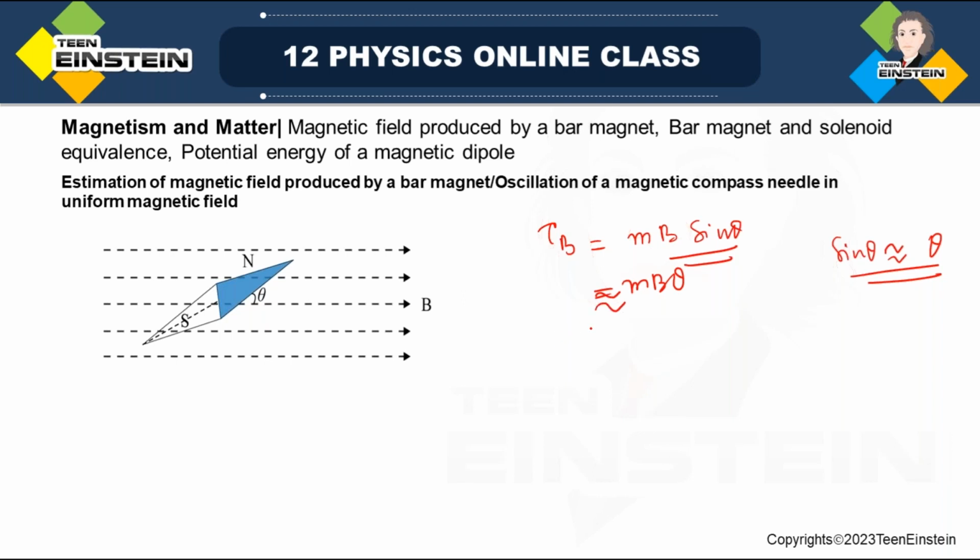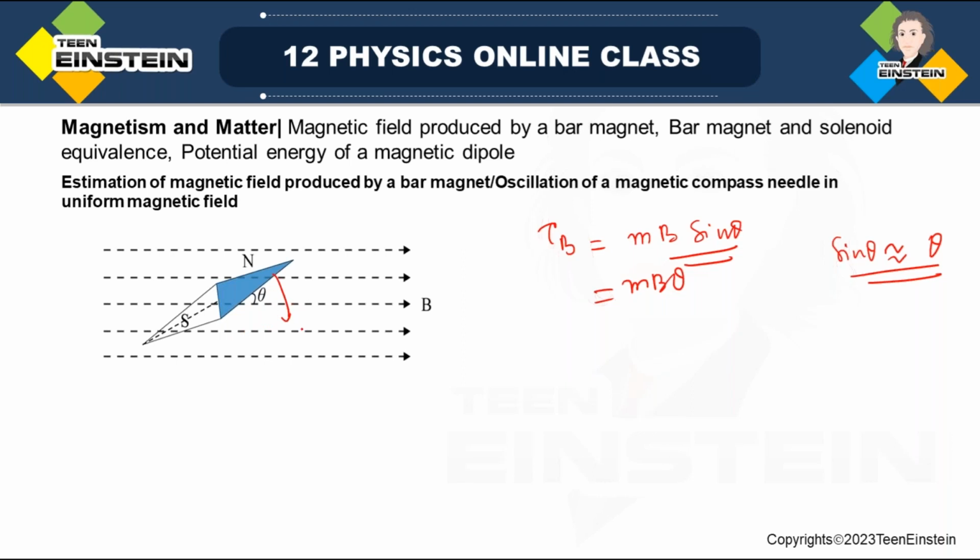So this is the magnetic torque experienced by the magnetic needle of a compass in a region where there is a uniform magnetic field B. Now, if I disturb it from this angle theta by d theta, a certain angle, you know what it will do? Actually, it will try to come back to its position.